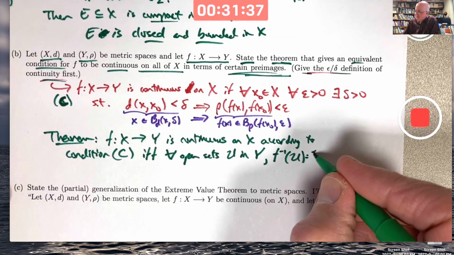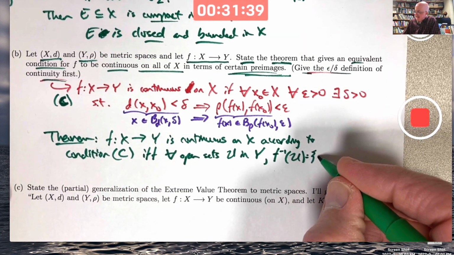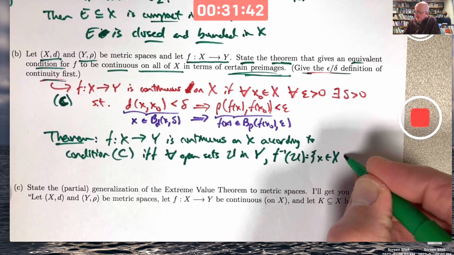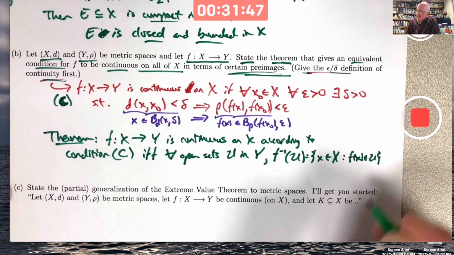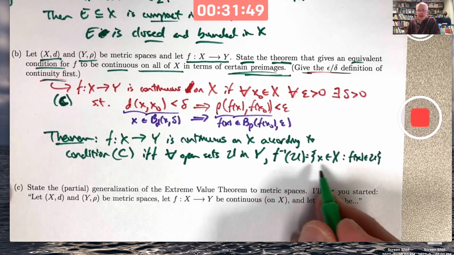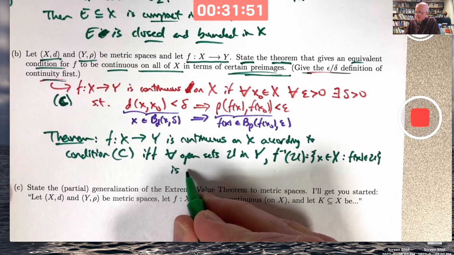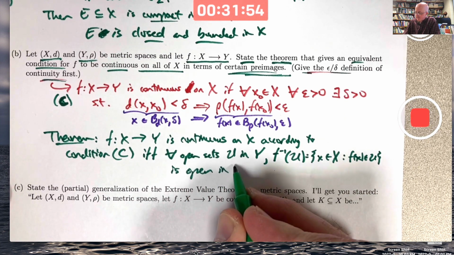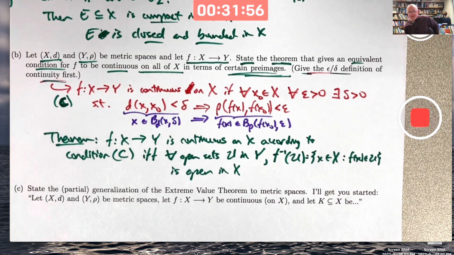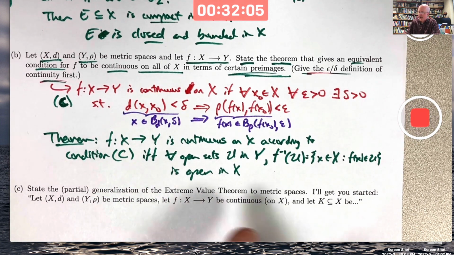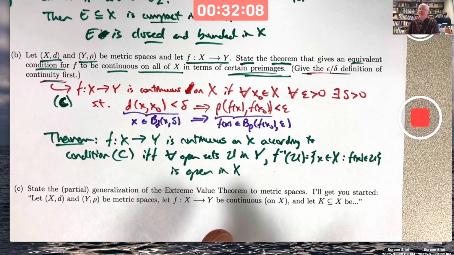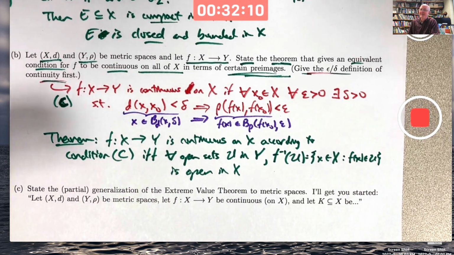This is the set of all points in capital X that get mapped into U. For all open sets U in Y, this preimage is open in X. Okay? That's a theorem that takes proof. And in fact, we are going to prove one direction of this theorem, I think the left to right implication, later in this video.